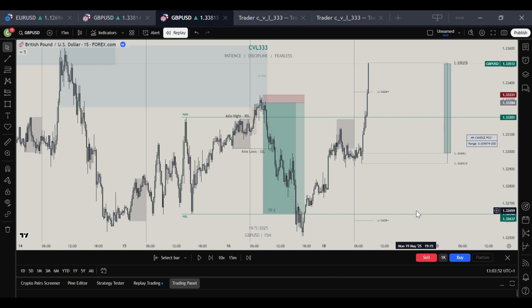And obviously I have multiple entry models that I take within the market. This isn't the only entry model. So I know how to react and adapt to multiple different scenarios. It's just based on different key factors on different time frames.